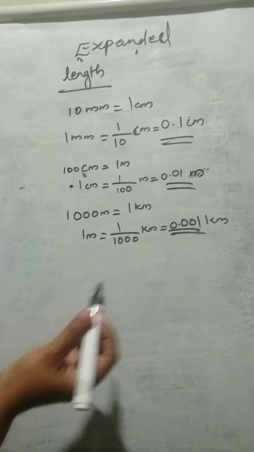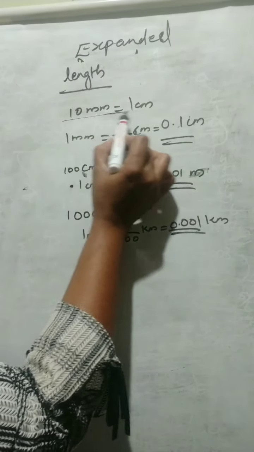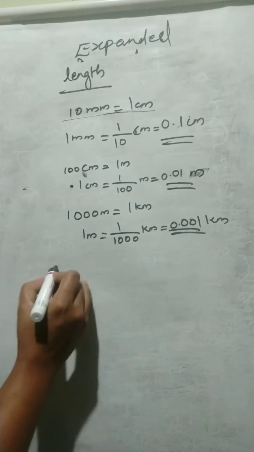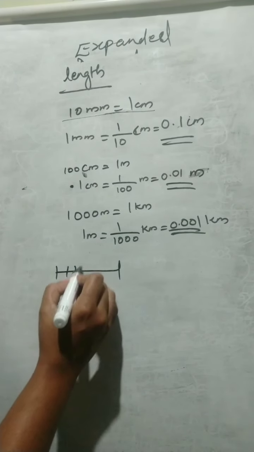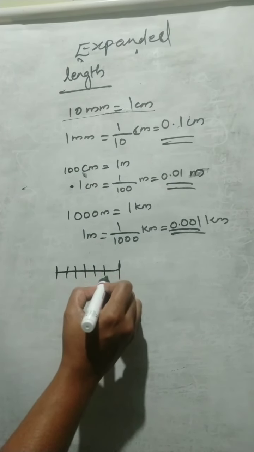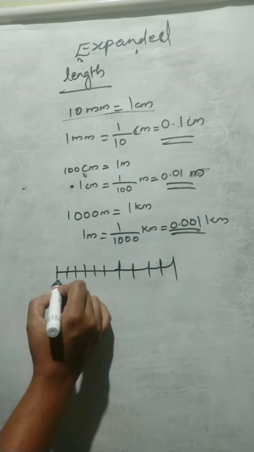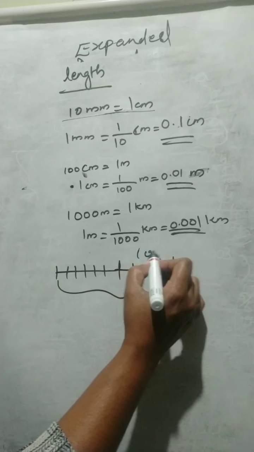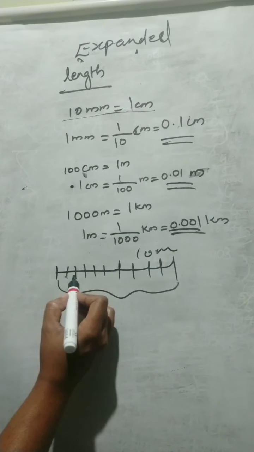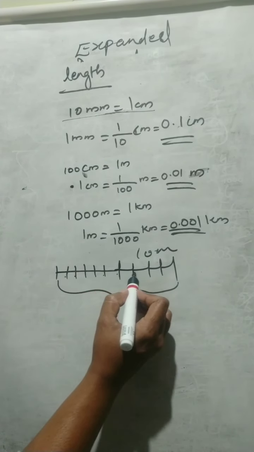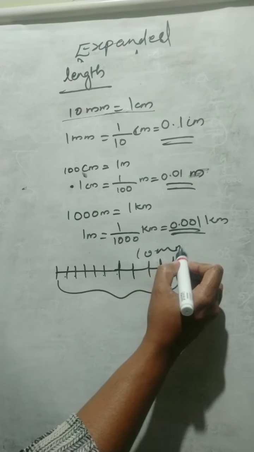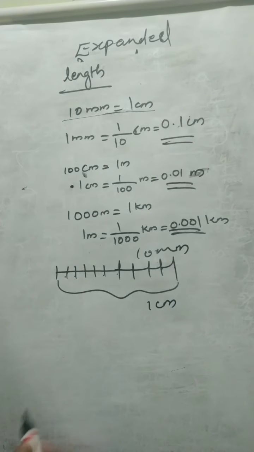That means here 10 millimeter will make 1 centimeter. Here 1, 2, 3, 4, 5, 6, 7, 8, 9, 10. So now we can say this is 10 millimeter. Now we can say we got 1 centimeter.